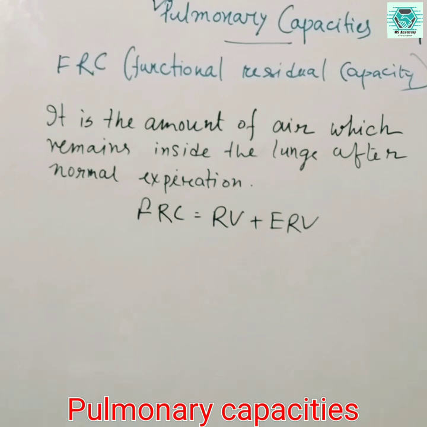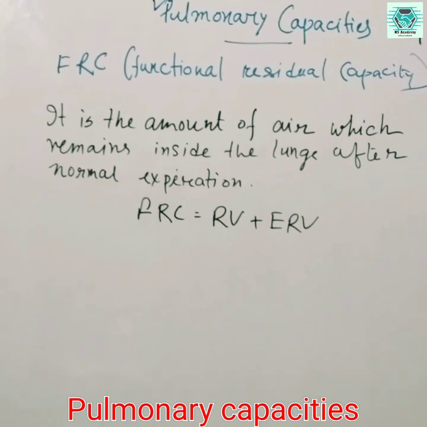What was the residual volume? It was the volume of air remaining in the lungs after the most forceful expiration. Plus ERV, the expiratory reserve volume, which was the maximum extra volume of air that can be expired by forceful expiration after the end of the normal tidal expiration.